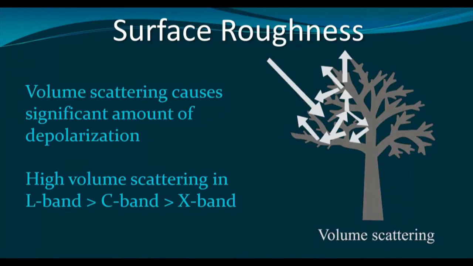Now they will scatter the energy in many various directions, and once the energy gets some way to go out, then it comes out of the forest or the vegetation canopy.